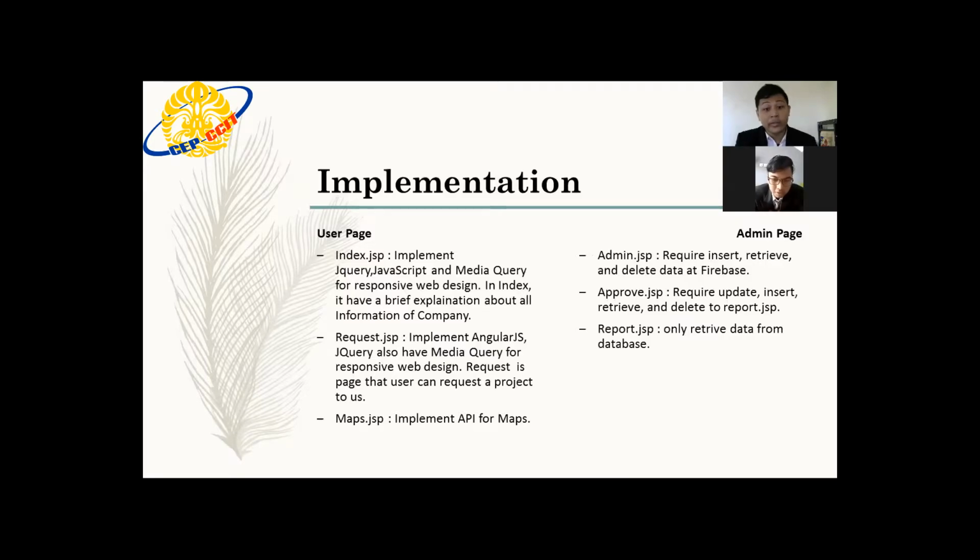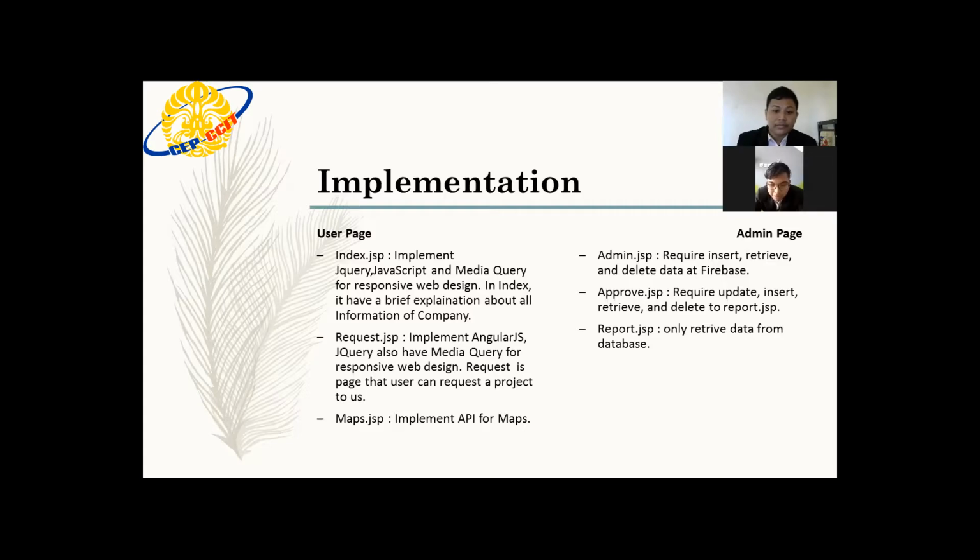And in the implementation, in the user page, Index.jsp implements jQuery, JavaScript, and media query for responsive web design. In Index, it has a brief explanation about all information of the company. Next is request.jsp. Adib, can you explain that?